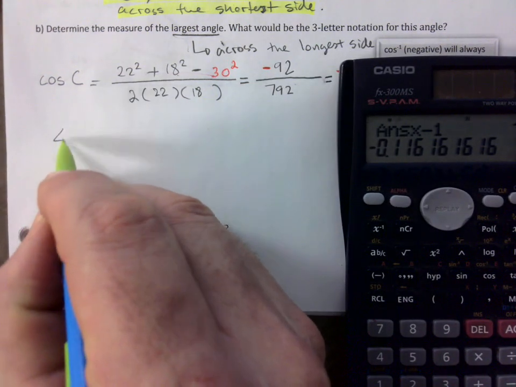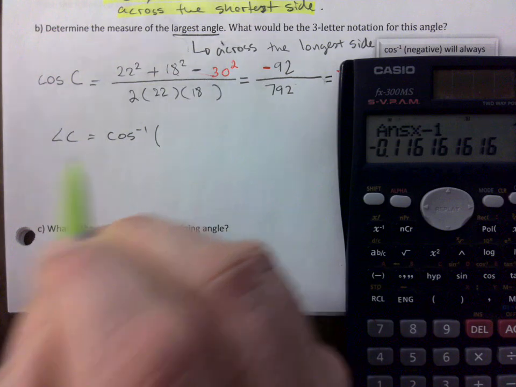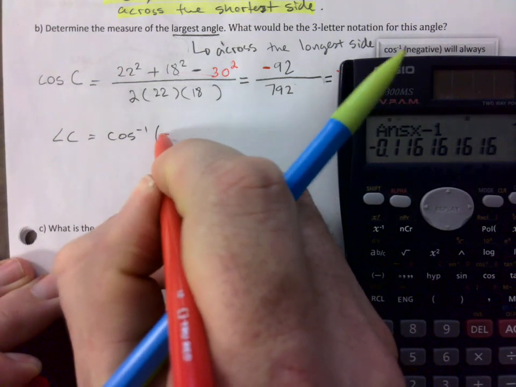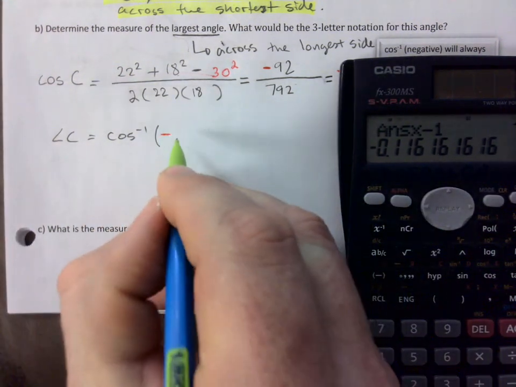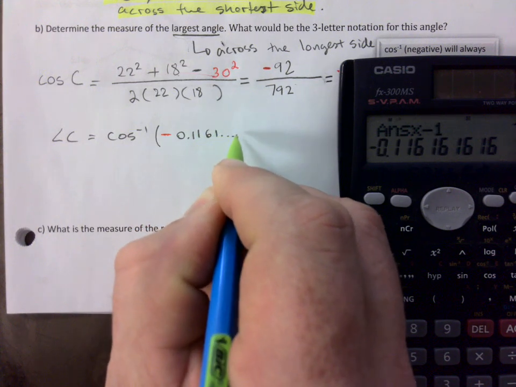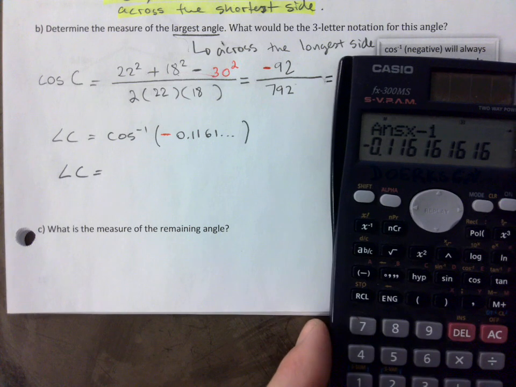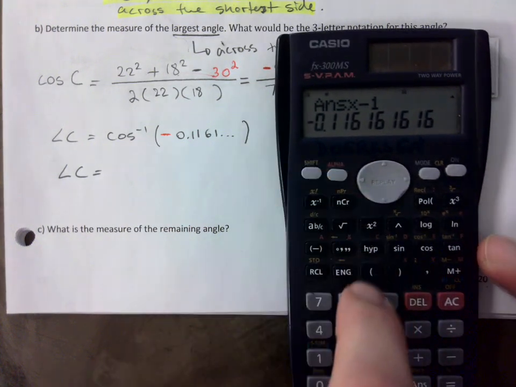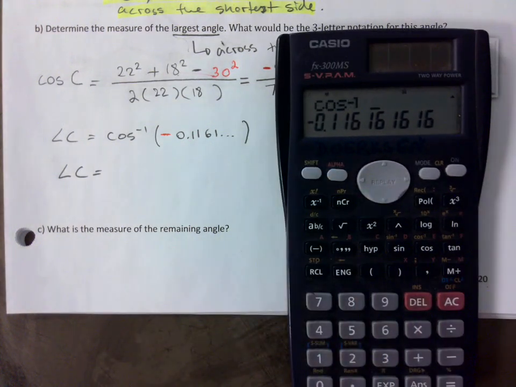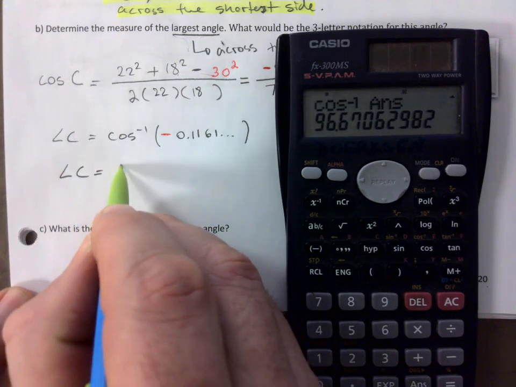So we're going to go angle C is cosine inverse of, here it is again, that annoying negative, right? 0.1161. It keeps going. So we go shift cosine. Make sure yours is set to degrees. That's 96.67.